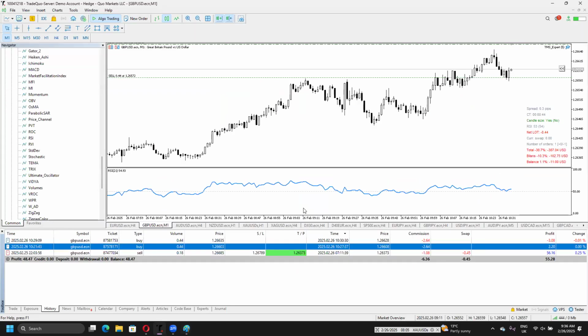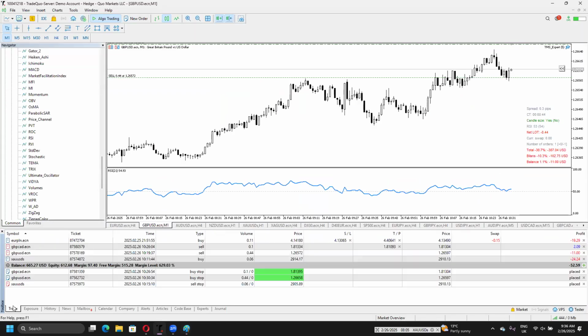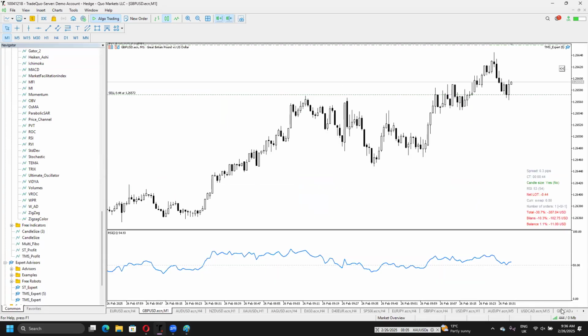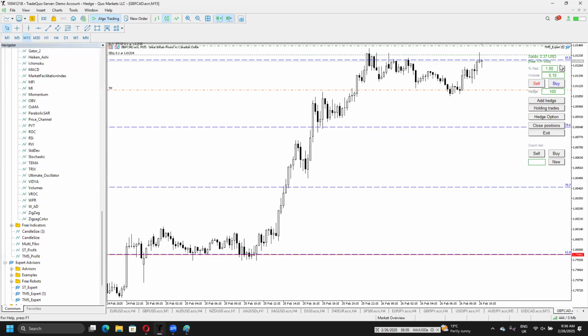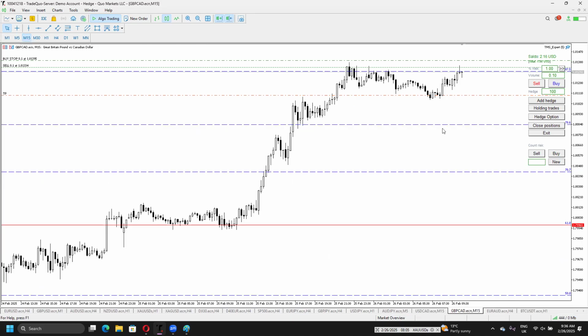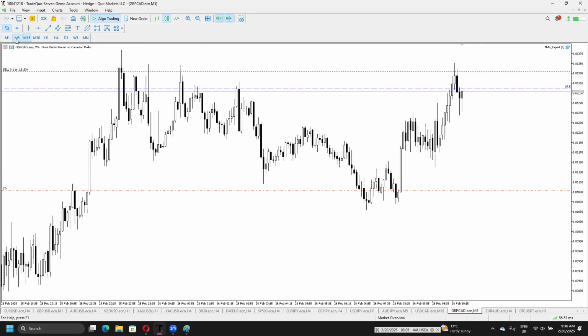And basically speaking, this is how it looks like. Here, nothing we have. Okay, here we have just $2.30. There is another opportunity, another chance of collecting the pips or the profit.